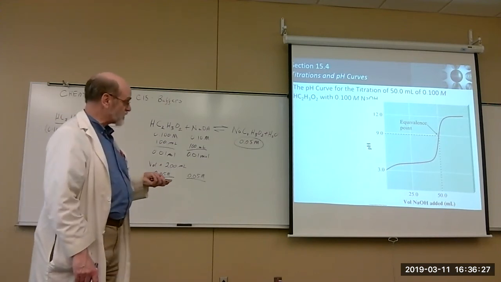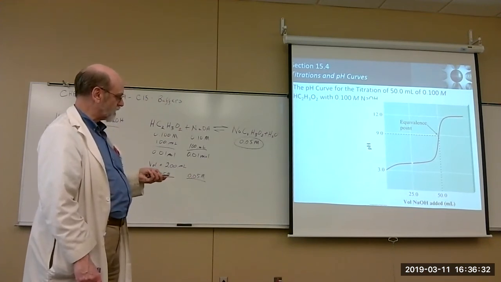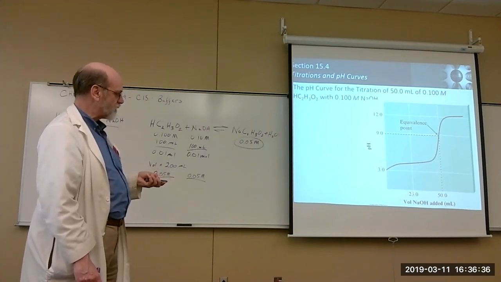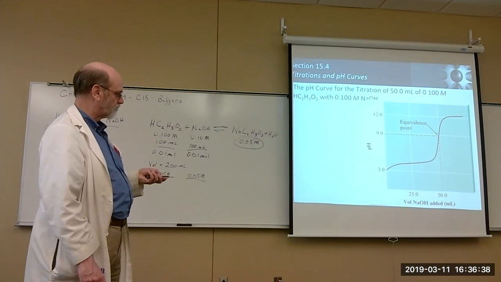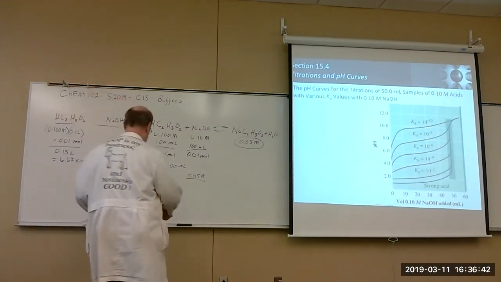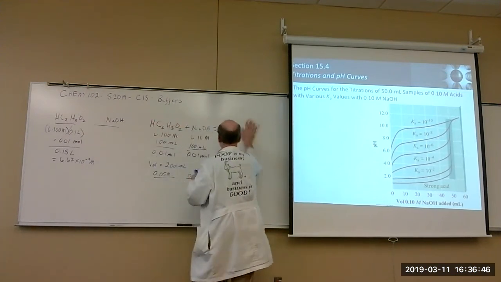The ideal position is right in the middle at 25 milliliters, because 50 milliliters represents the equivalence point. Half equivalence point would be right here. I'll let you eyeball that while I'm erasing the board.